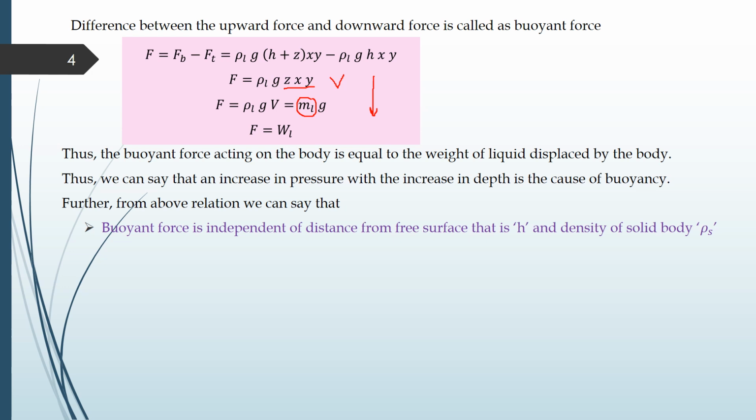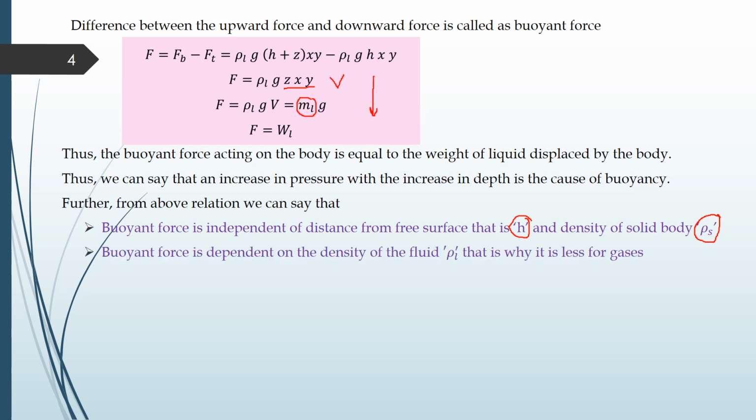And from the above relation, we can also say that the buoyant force is independent of the distance from the free surface, that is h. Also, it is independent of the density of the solid, because the density of the solid has nothing to do over here. It is the density of the liquid on which the buoyant force is dependent.